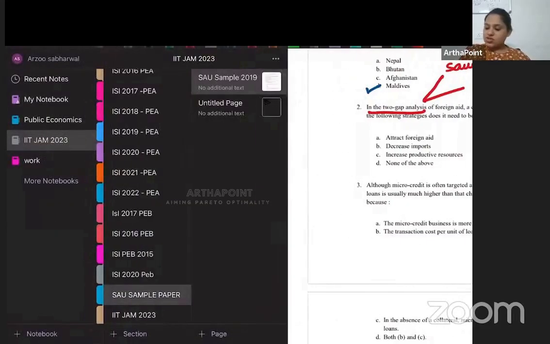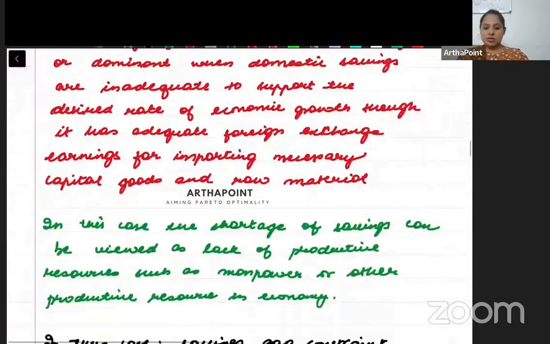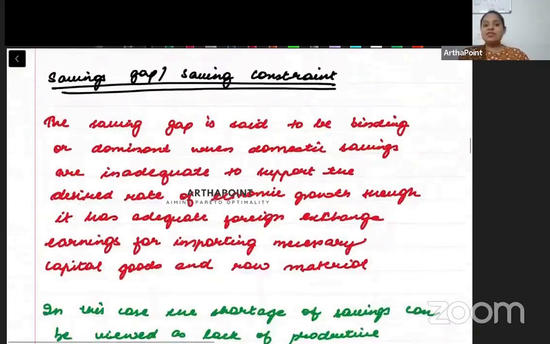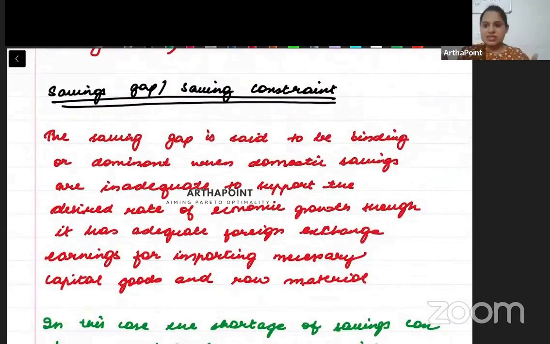So now let's just think about this. See here. Let us understand first of all what is binding savings gap. Savings gap is said to be binding if your domestic savings are inadequate. Binding मतलब क्या हो गया? Limited, constrained.